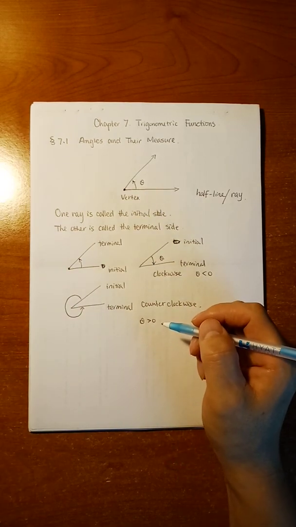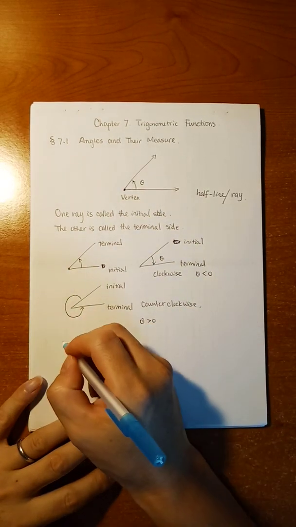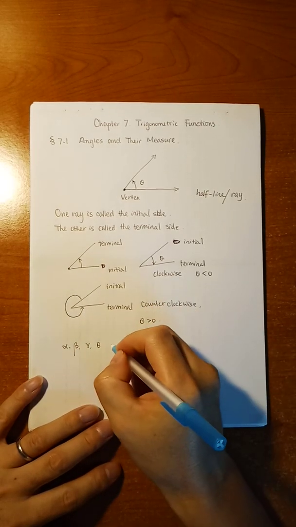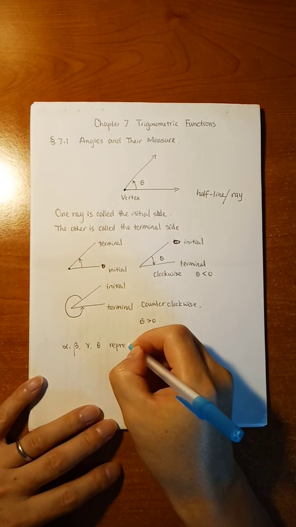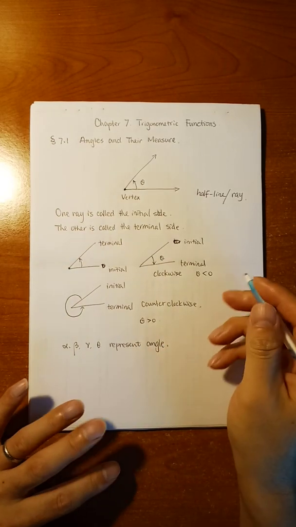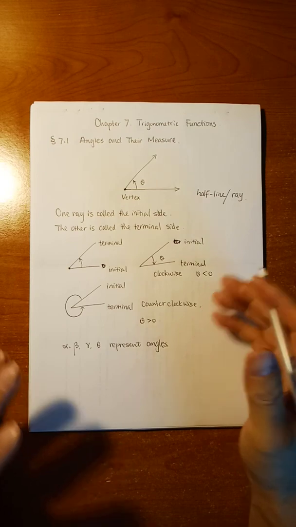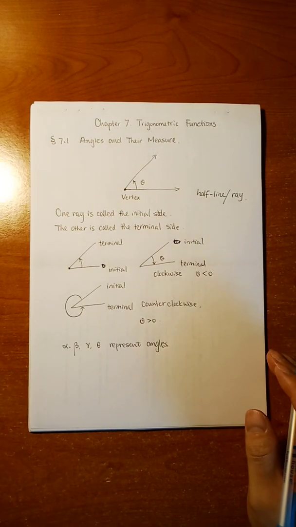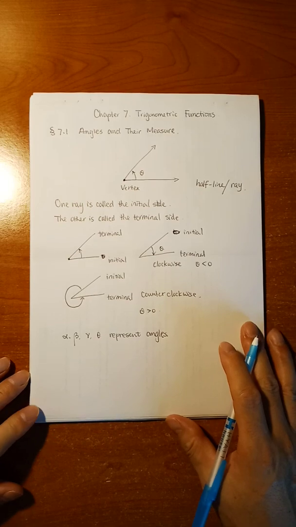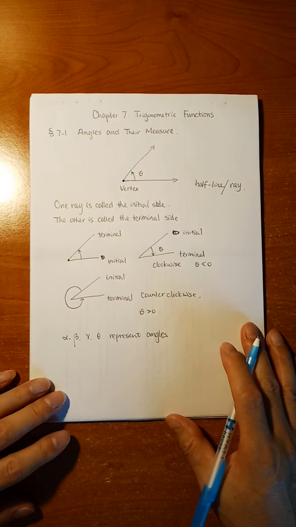And when we have angles, we prefer to use alpha, beta, gamma, or theta. It's just a convention. It's not the law. For many cases, we like the Greek letters to represent the angles.